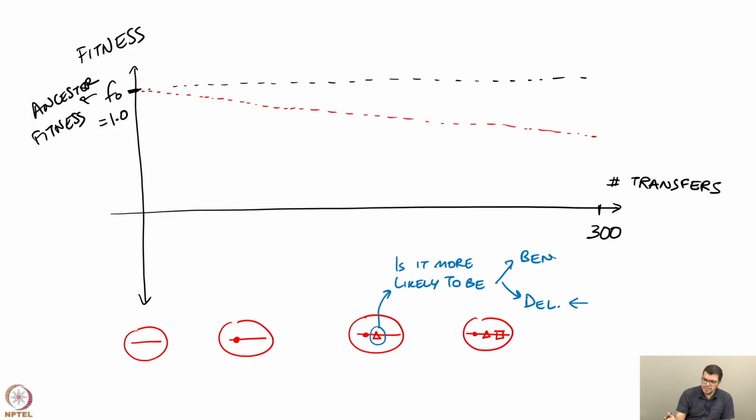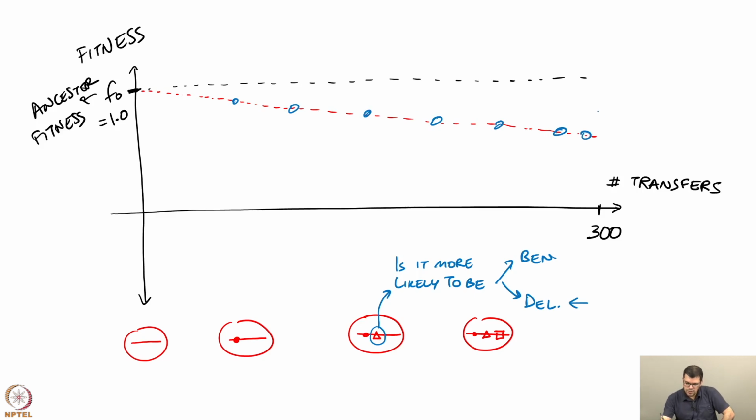So, as this line is moving forward, it's more likely to acquire a deleterious mutation as compared to a beneficial mutation. Some beneficial mutations will also get acquired, but by and large more deleterious mutations will get accumulated. As a result, the fitness of this line, when I check it periodically, will be continuously decreasing.